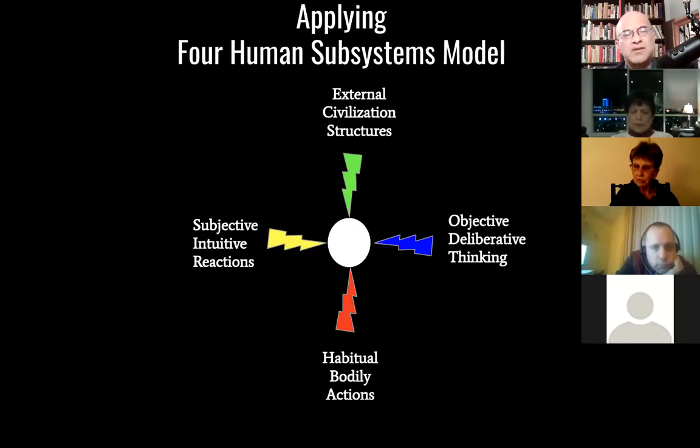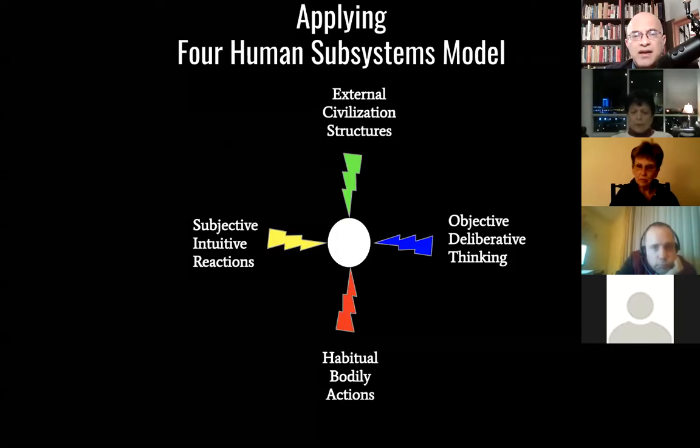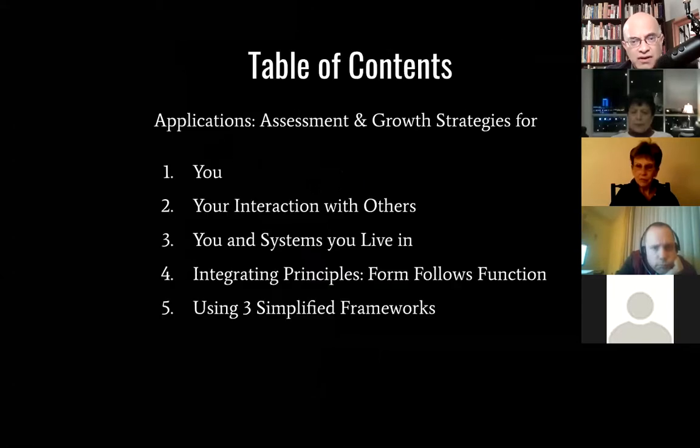So what I've done is I'm going to apply it to 4 different areas, and I'm going to go through all of them. Let me show you the table of contents. First, I'm going to apply it to an individual.